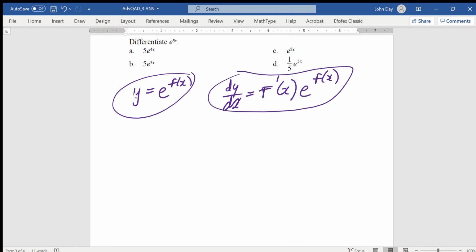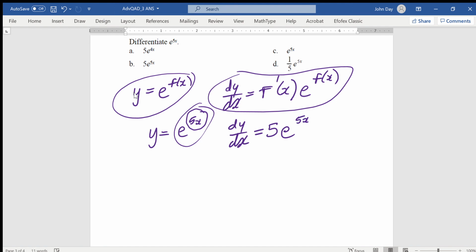So you can just follow that. If y equals e to the 5x, then dy dx equals, you've got to get the derivative of this f of x, so it's just 5, and then you want e to the f of x, so you want e to the 5x. So that's b. 5e to the 5x is the derivative of that one.